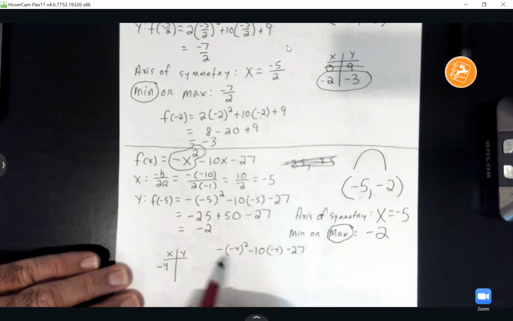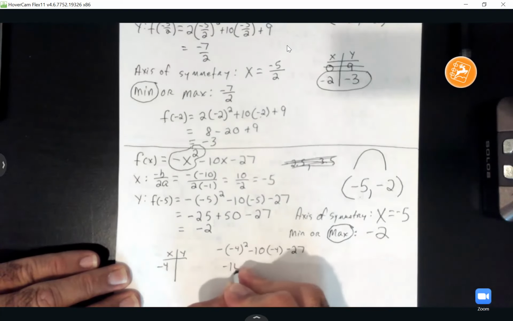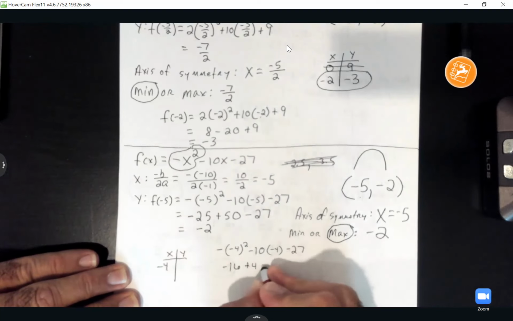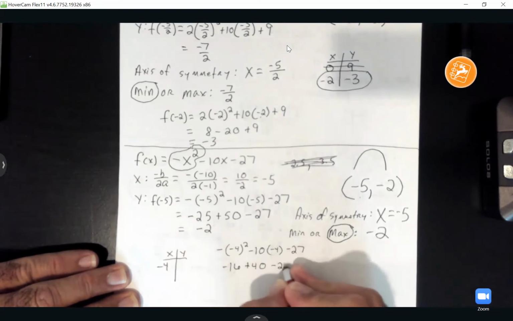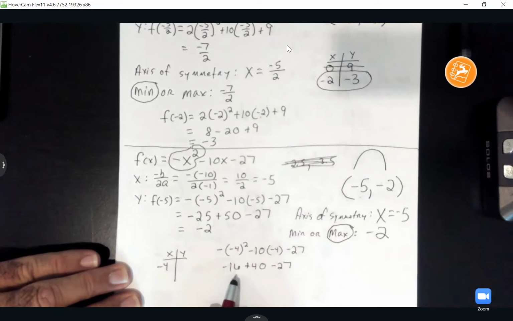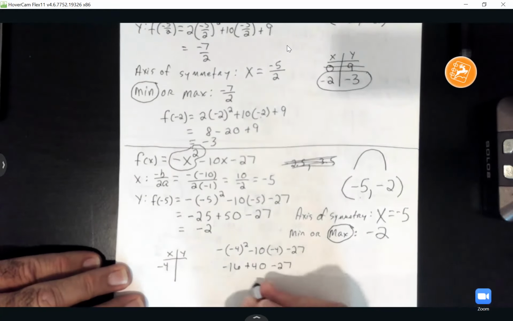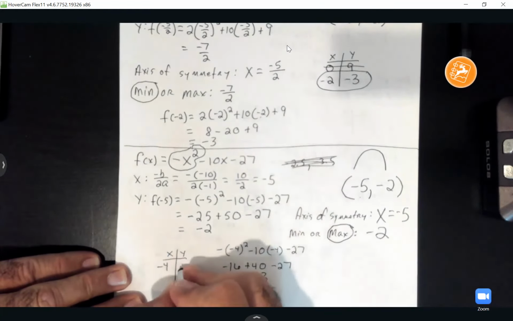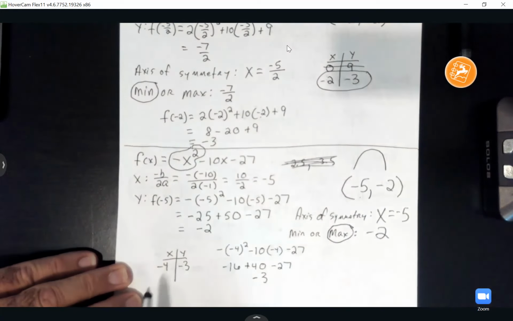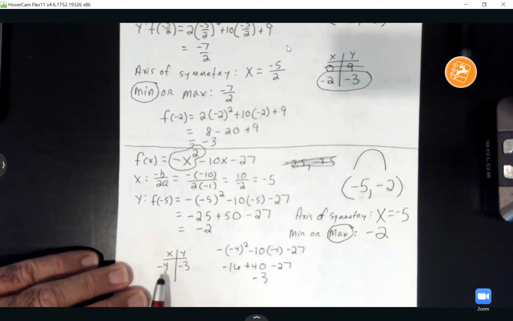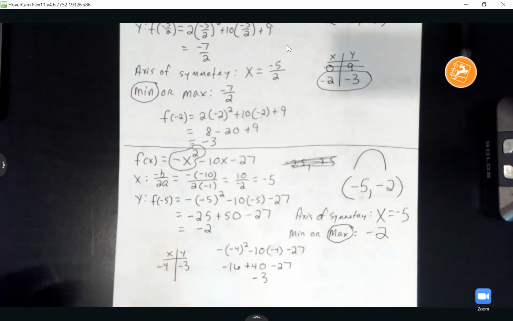So that's going to make that a -16. -10 and -4 give me 40. And then minus my 27. Ooh, y'all, let's see what we got. -16 and 40 is 24. 24 minus 27 would give me a -3. So my 2 points I would plot would be my -5, -2 and then my -4, -3.